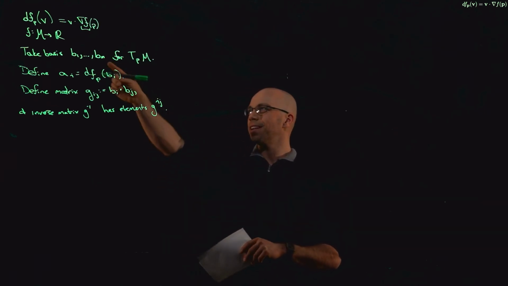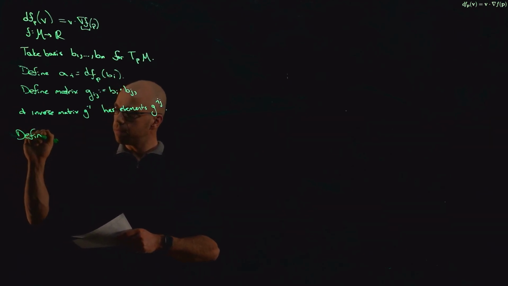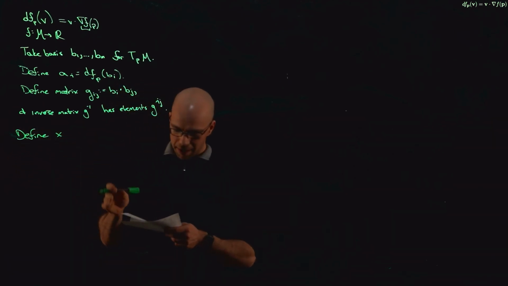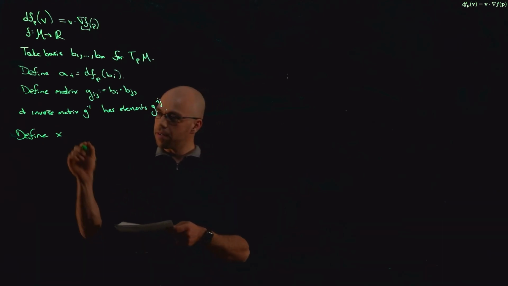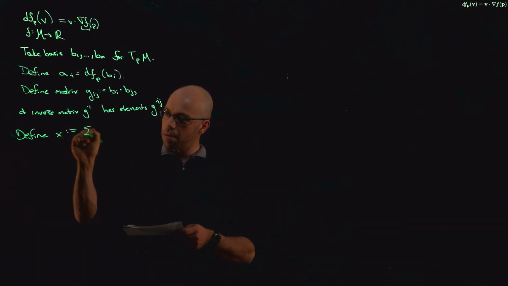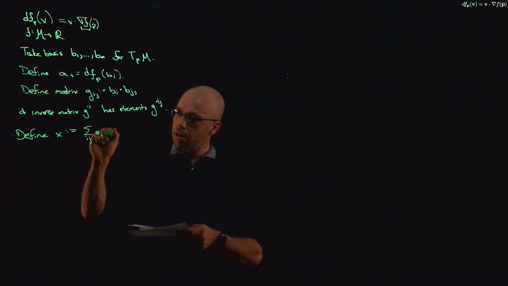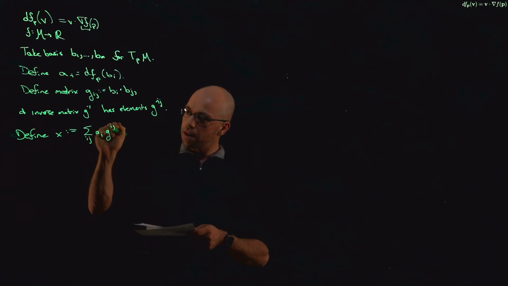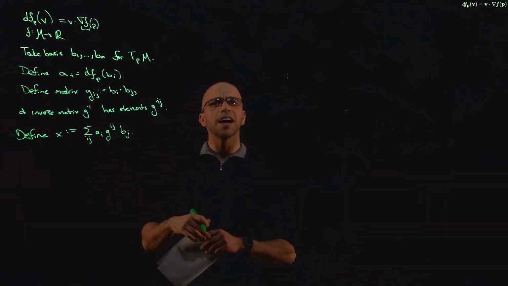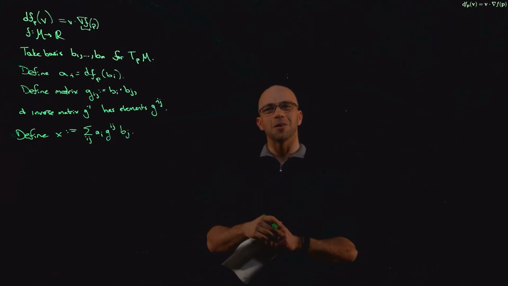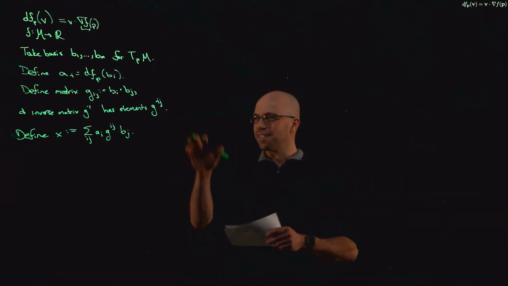Okay, so now what we're going to do is just define a vector and then check that it's actually the gradient here. So we're going to define x to be the following: the sum over i and j of A lower i, G upper ij, b_j. By the way, I encourage you guys to all go back and see if you can work out the kind of matrix-vector product version of this proof that doesn't use all these indices.